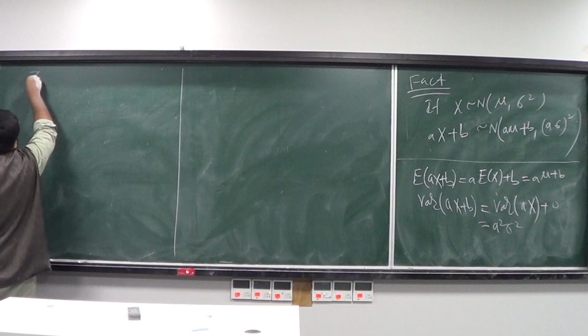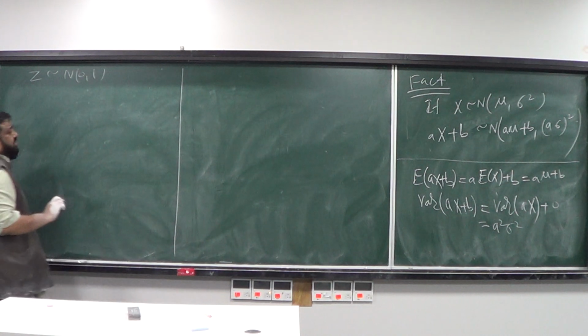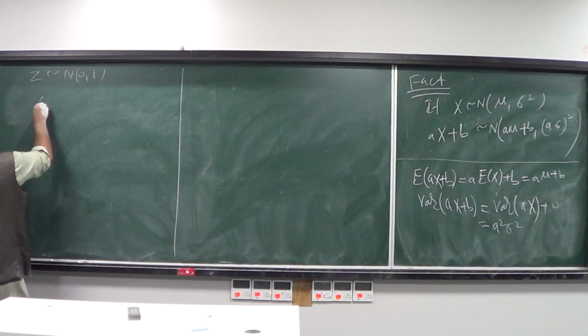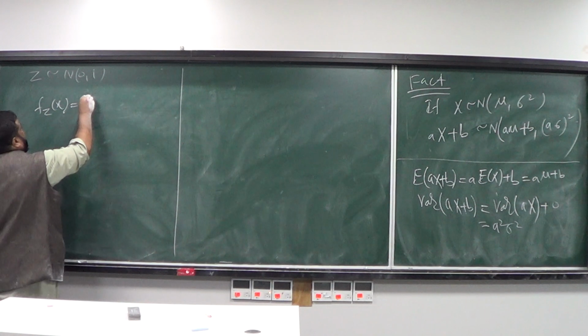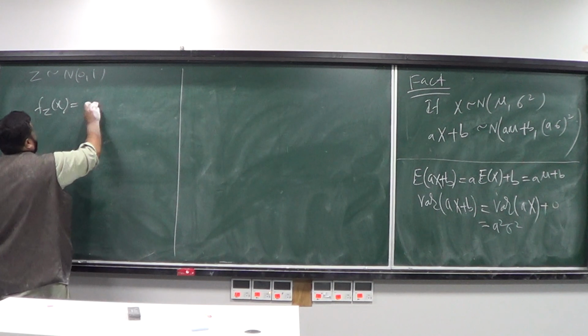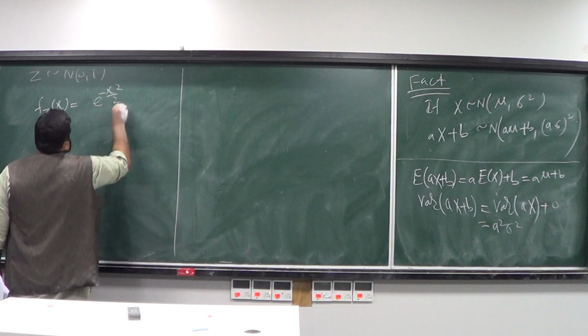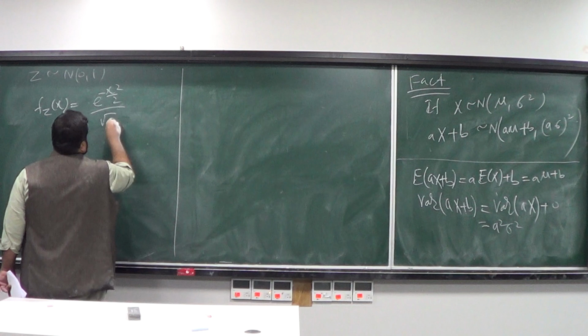Remember, Z is going to be standard normal if it is normally distributed with parameters mu 0 and 1. And the PDF of a standard normal distribution is e to the minus x square by 2 over square root of 2 pi. This is the standard normal distribution.